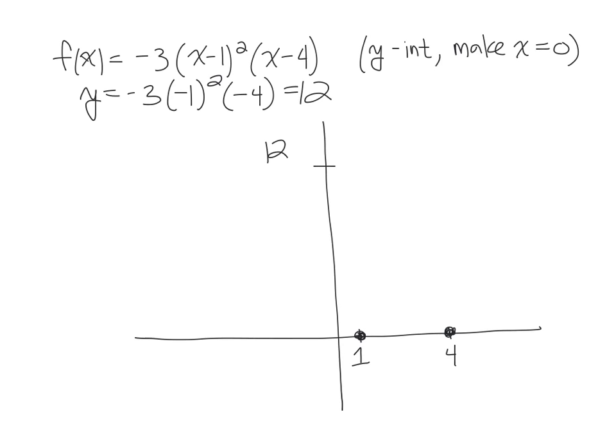Put a point here. And now we can start forming this graph. First step would always be to plot your points. The next step is to work with the end behavior. From our previous work, we know that the end behavior is rise left and fall right.